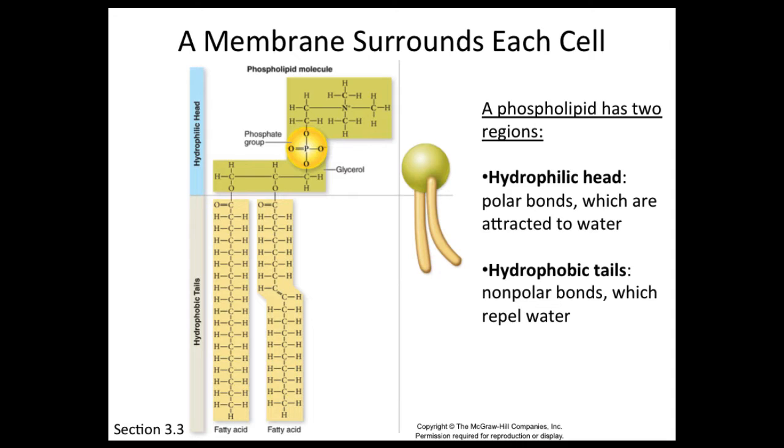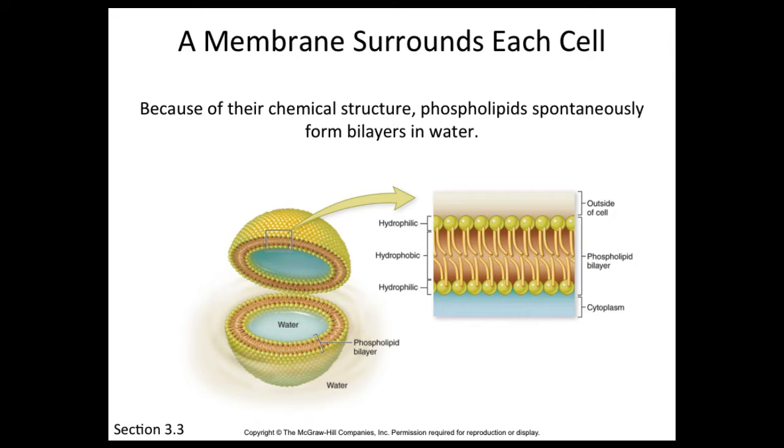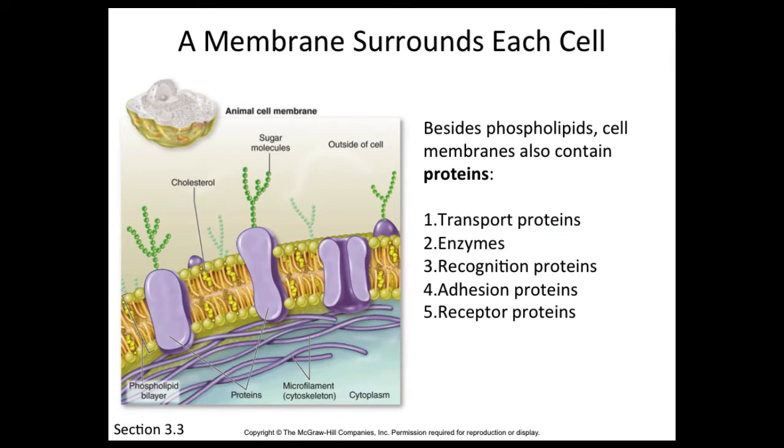This is the reason that we're able to separate the watery outside of a cell from the watery parts inside a cell. Because of this chemical structure, phospholipids spontaneously form bilayers when we place them in water. And this is very important because these bilayers can serve as membranes that surround each and every cell.